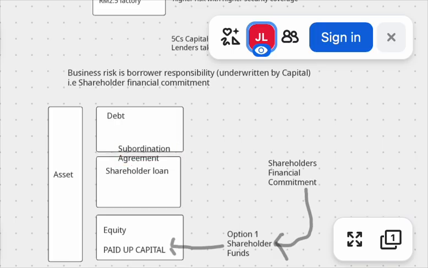So here, this one becomes a senior position, and this one here will be a subordinated position.